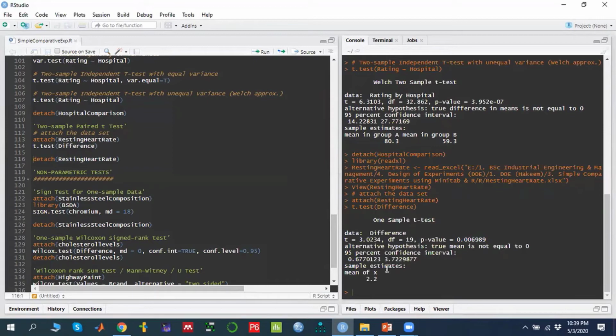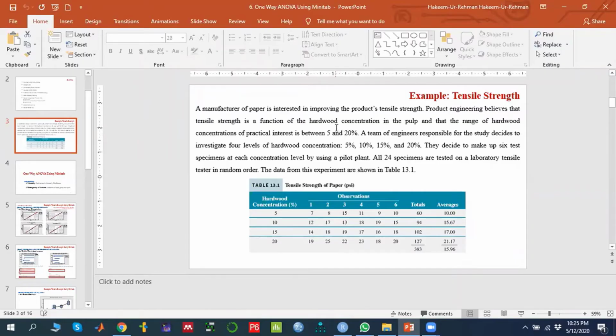The p-value is indicating that H0 should be rejected and H1 should be accepted, which means again that the paired t-test is indicating that the running program is better for the resting heart rate.